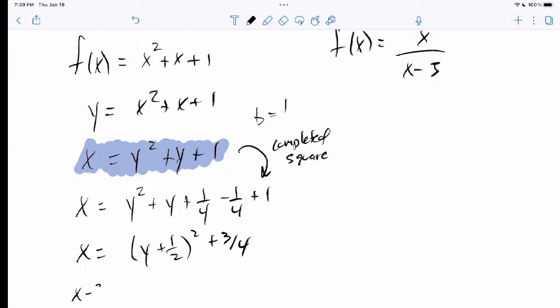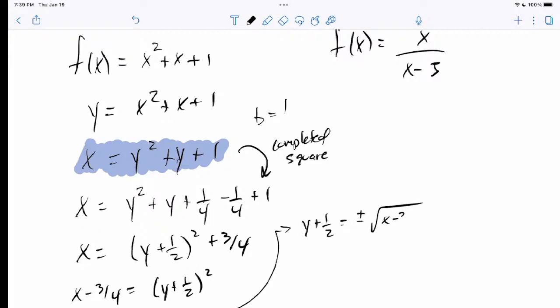So I can subtract 3/4 on both sides. And then I can take the square root. And I can isolate for y.